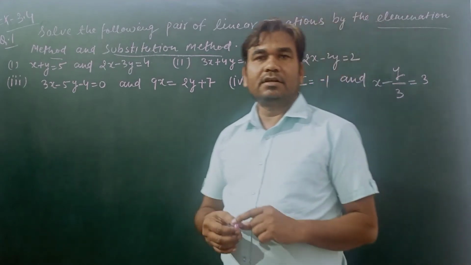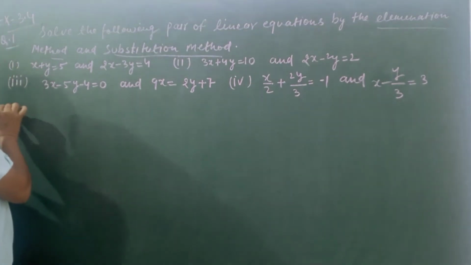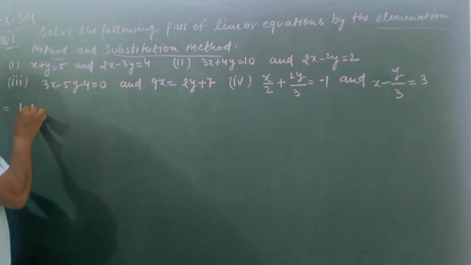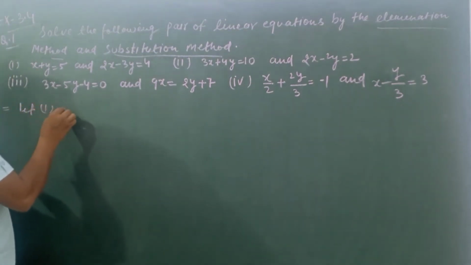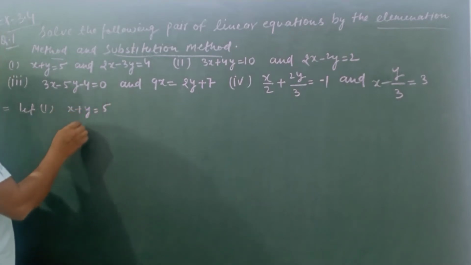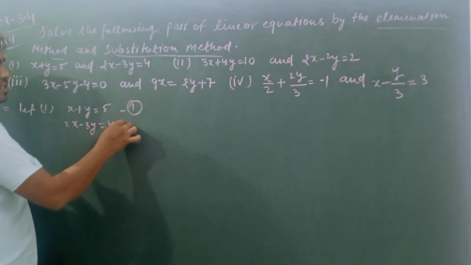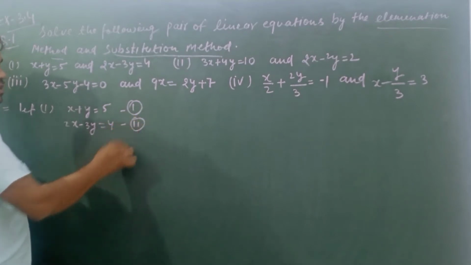Let me take question number 1, part first: x plus y equal to 5 and 2x minus 3y equal to 4. This is equation number 1 and this is equation number 2.